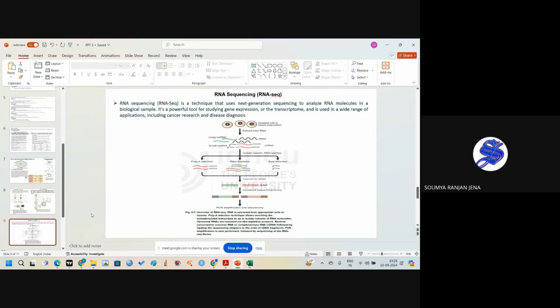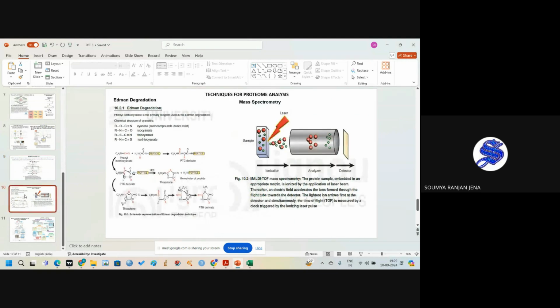In RNA sequencing, we extract all the RNA and then convert it to cDNA. Then we can do the PCR amplification, and using different Illumina sequencing platforms, it will give rise to all the sequencing processes. Then we have described techniques for proteome analysis, how we can analyze protein. If we analyze a peptide, then we can use the Edman degradation process.